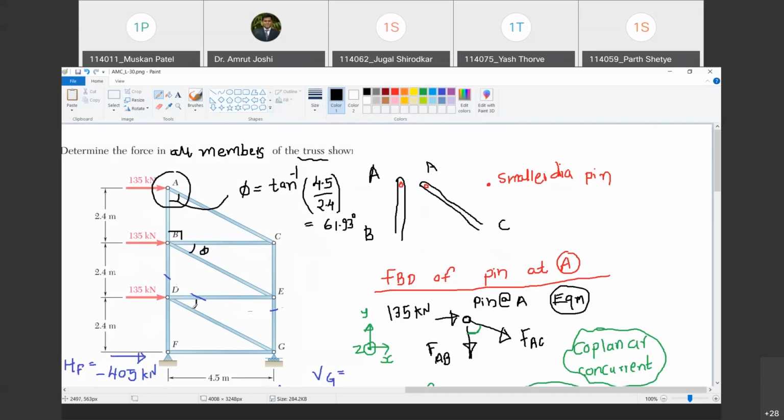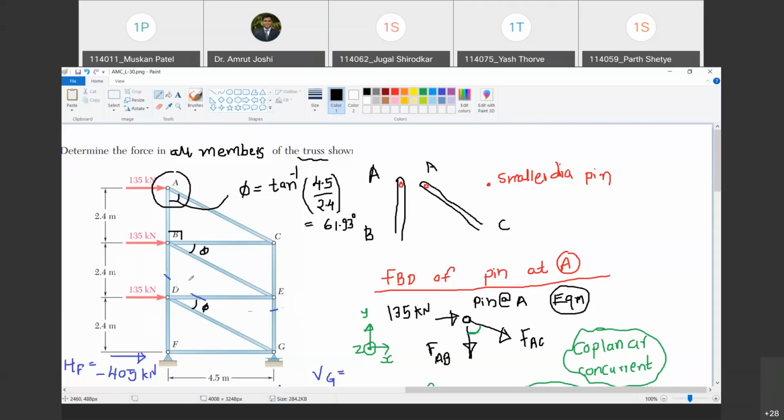Happy? You can prove that triangle ABC, triangle BDE, and triangle DFG are similar triangles by AAA test, angle test. Are you with me? Yes, sir. So therefore, these three angles are going to be same. Happy? Yes, sir.